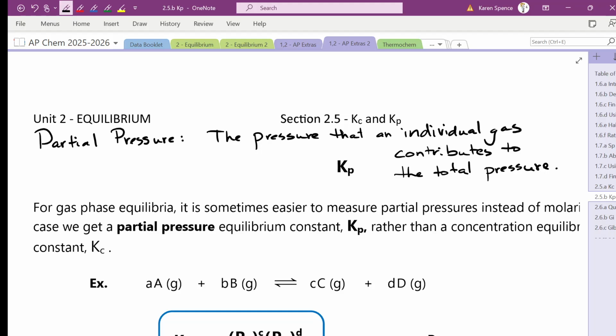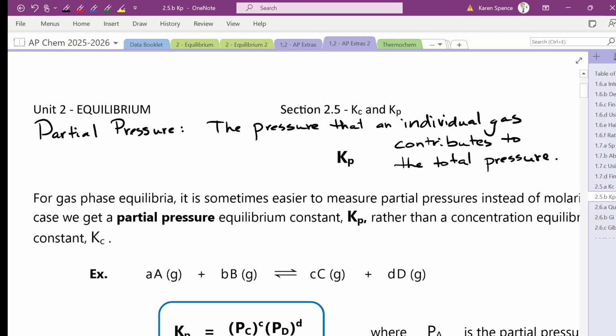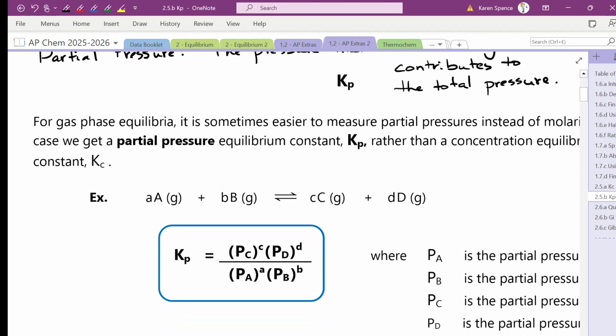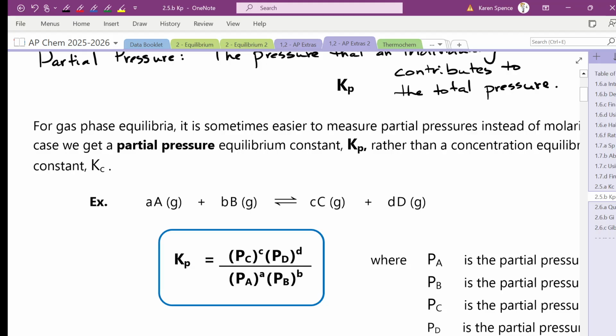So when we're doing Kp, rather than the concentrations, we take the pressure of gas C and the pressure of gas D and divide by the pressure of gas A and the pressure of gas B. So it looks pretty much like our regular equilibrium equation with our coefficients up there.